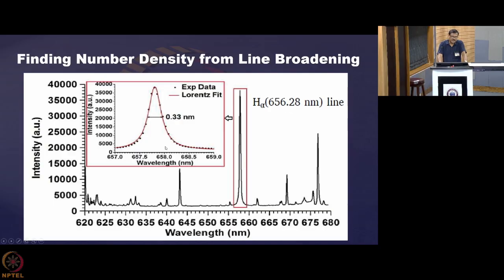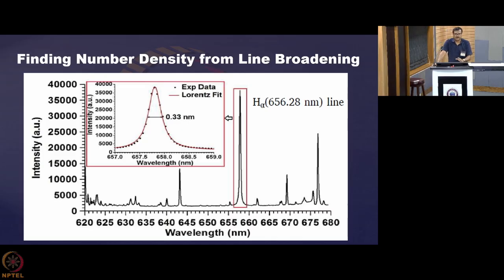But you see that it has a broadened profile. You have probably noticed that 656 is not matching here, because its center is somewhere at more than 657. That is happening because there is a shift in the instrument which is recording.